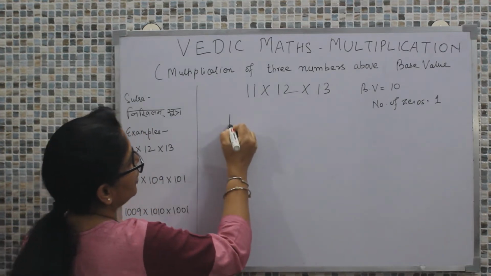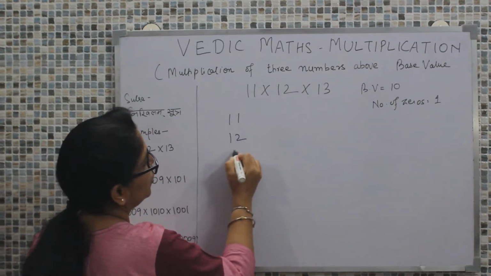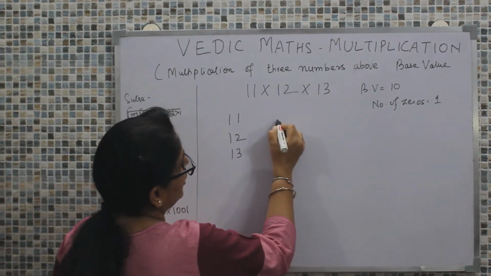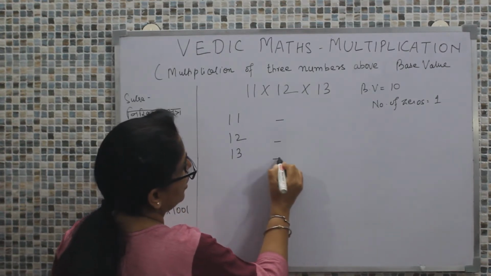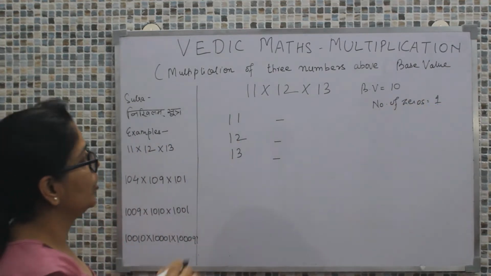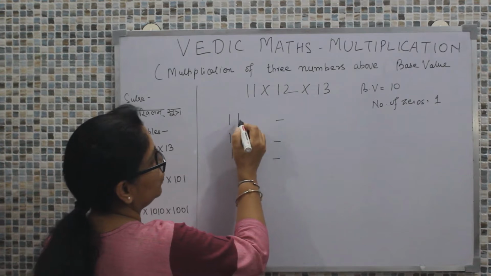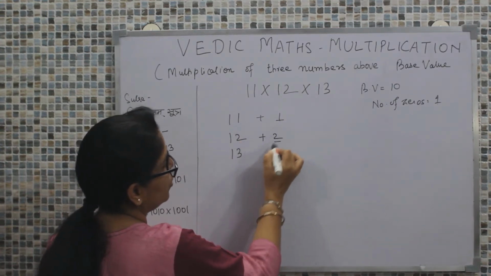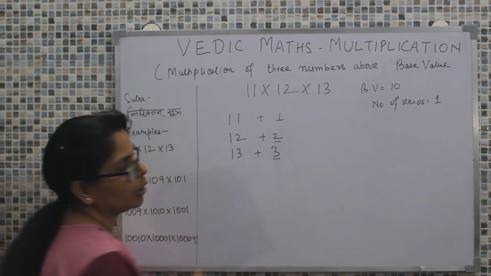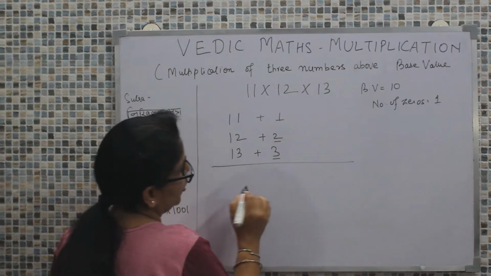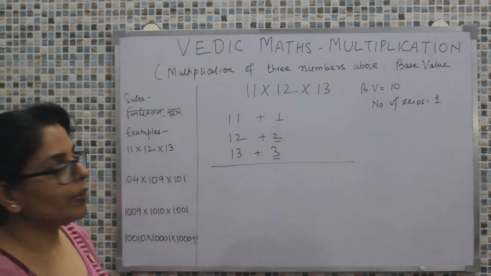So let's proceed with the calculation. We have 11, 12 and 13. Now here we need to leave down one place and one place. This is because 10 has one zero in it. Now comparing these values with 10, this number is 1 above, this number is 2 above and this number is 3 above. Fine. Now here we need to make out what will be the final answer.